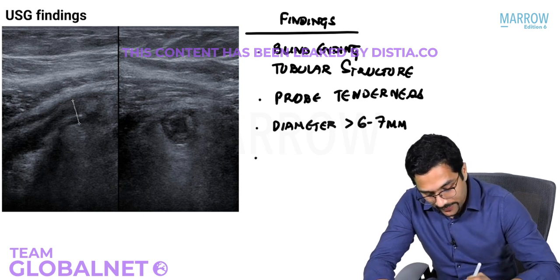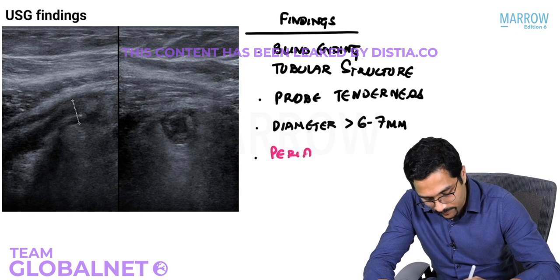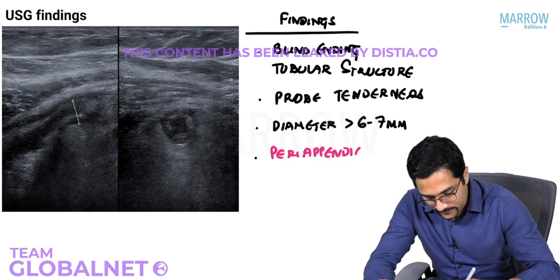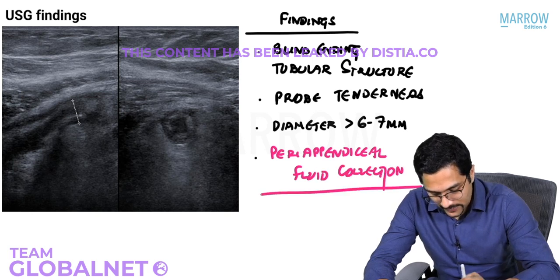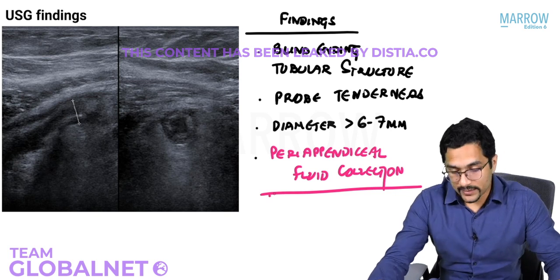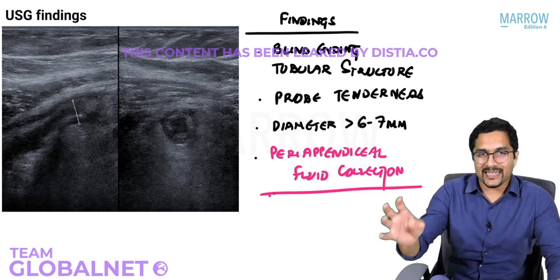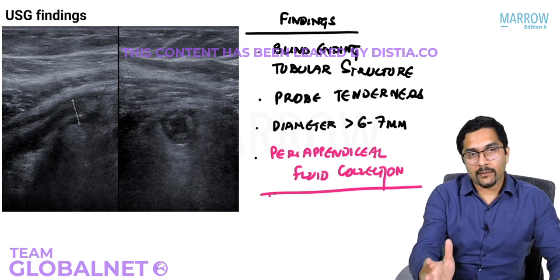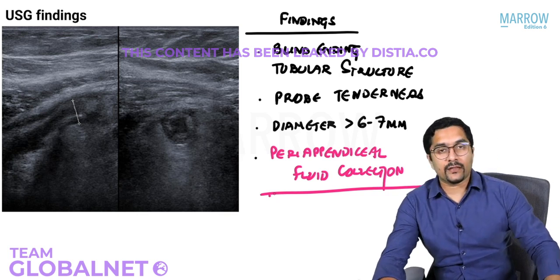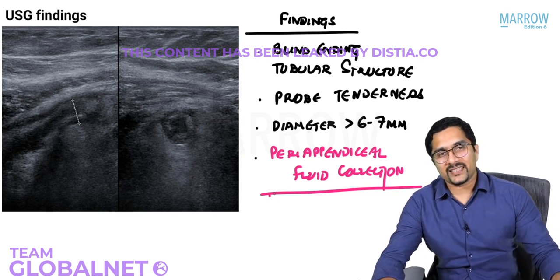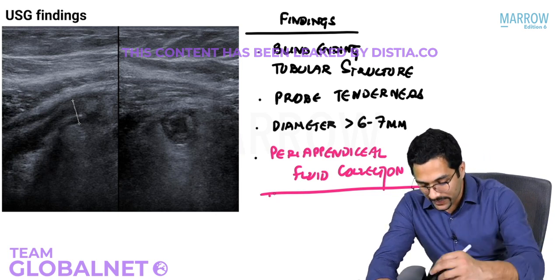There is periappendiceal fluid collection. So all these signs are suggestive of acute appendicitis: a non-compressible blind ending tubular structure, diameter more than 6 to 7 millimeters, probe tenderness and periappendiceal fluid collection.